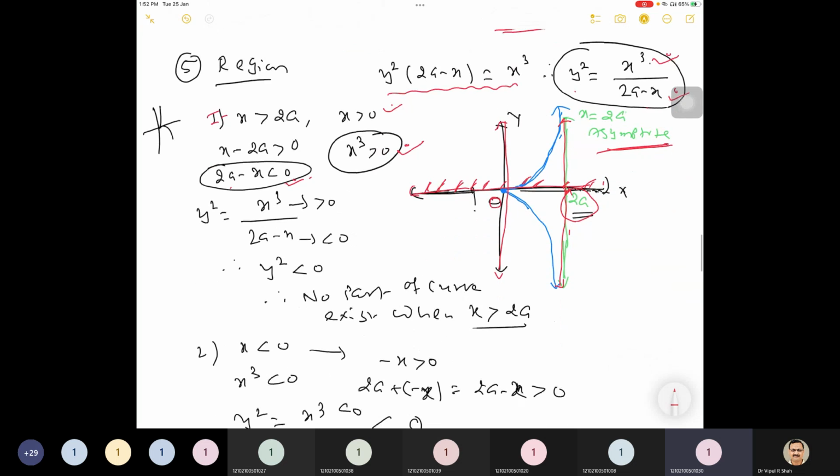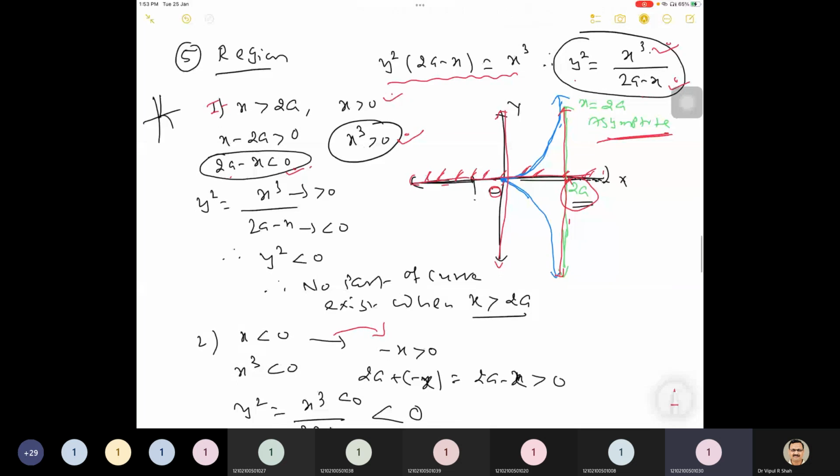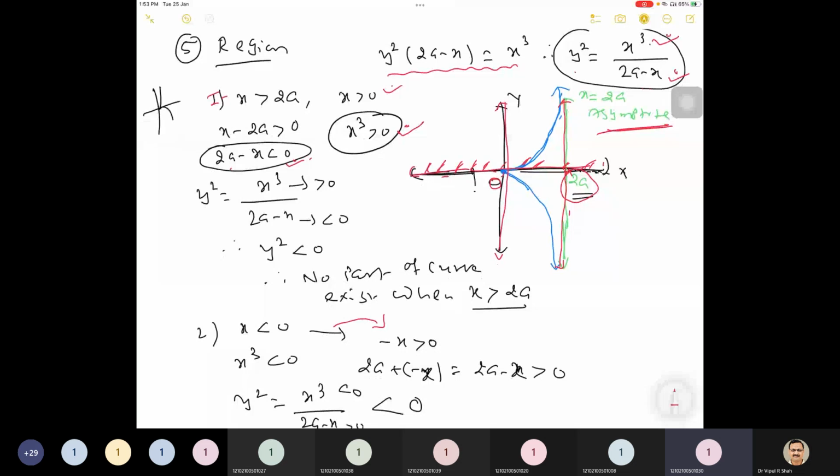Same way, we need to check one more here. This is origin and we are having nothing. So let us check here when x is less than 0. Now when x is less than 0, x cube is negative. What about minus x? When x is less than 0, minus x is greater than 0.